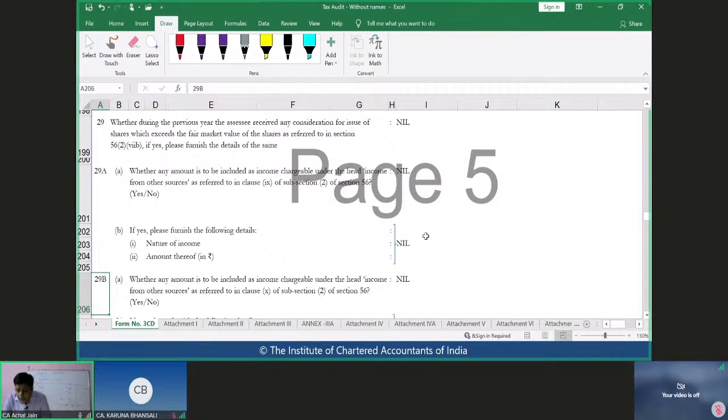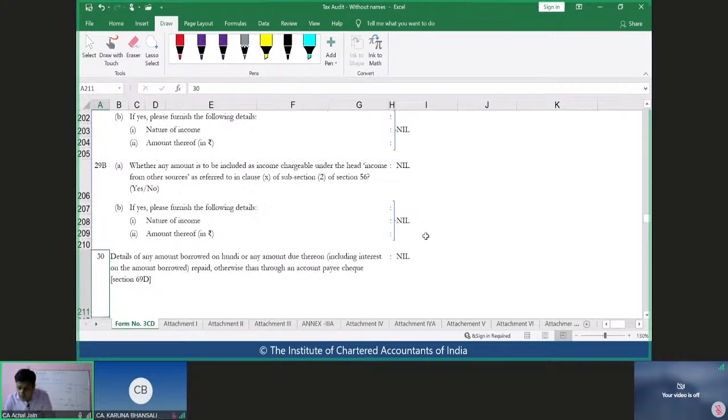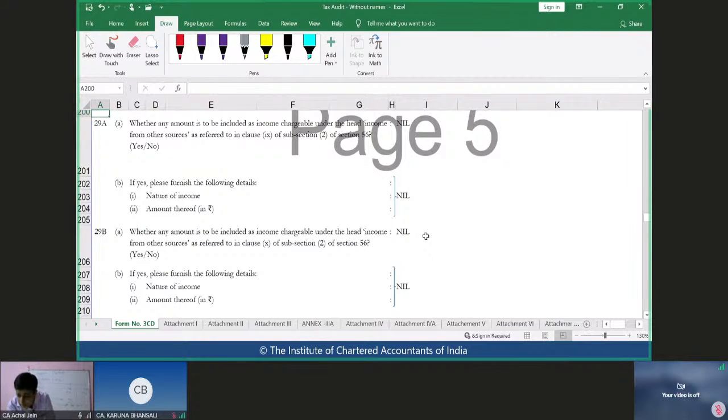If yes, please furnish the details, nature of income and amount thereof. In this case, there is none. 29B, whether any amount is to be included as income under the head income from other sources under a different clause. So if you see, the difference in these two cases is in respect of these two clauses.